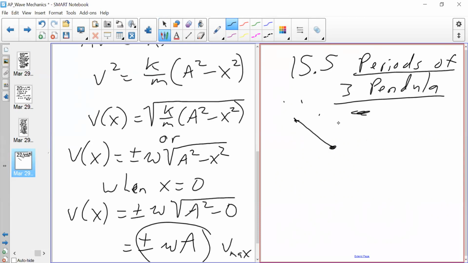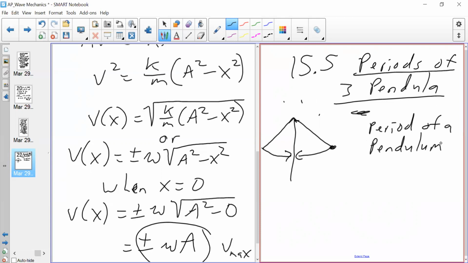Okay, so I have a regular mass on the end of a string that goes back and forth. The period of a regular pendulum is T equals 2 pi times the square root of L over g.